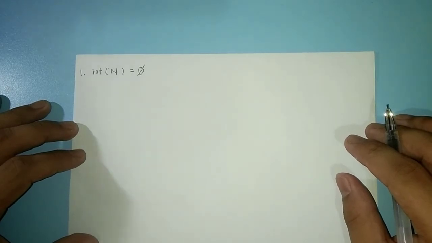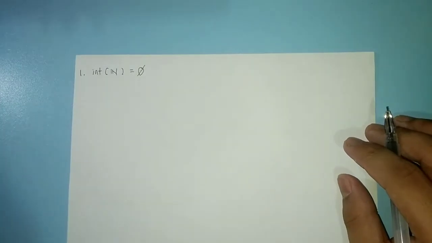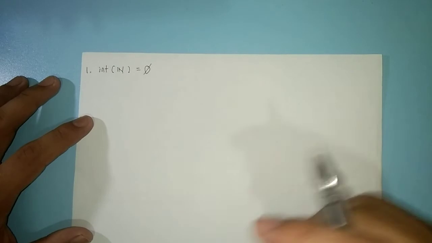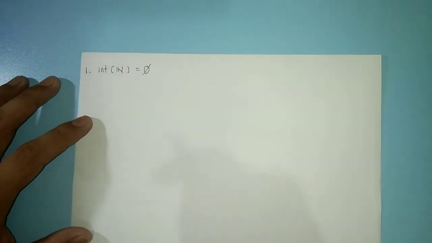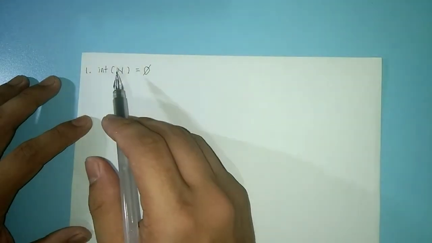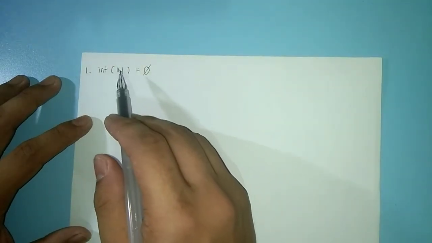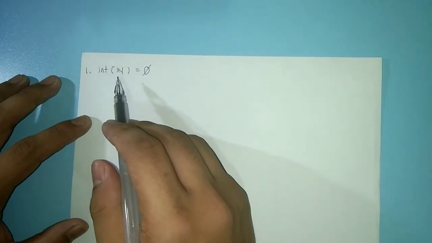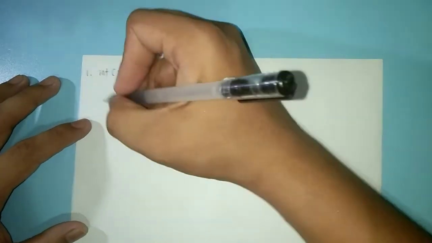Lahat ng points ay hindi interior point. Okay? So, paano natin nasabi? Kung matatandaan nyo yung definition natin kanina, dapat yung interior point ay element ng given set. So, ibig sabihin, wala sa element ng set of natural numbers ang interior point. Okay? So, paano natin nasabi yon?